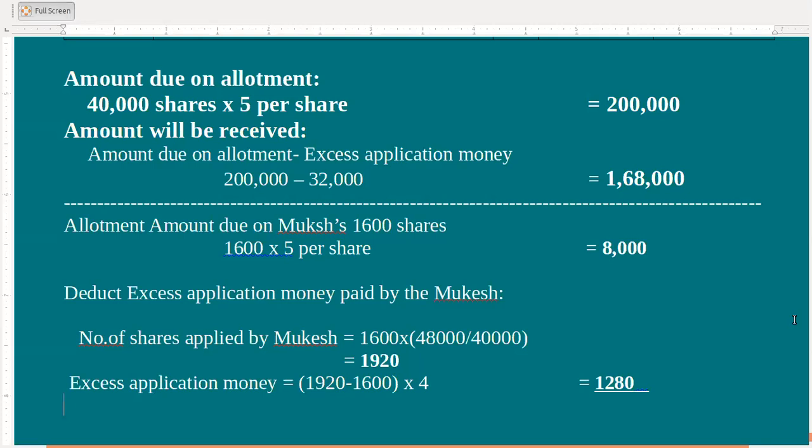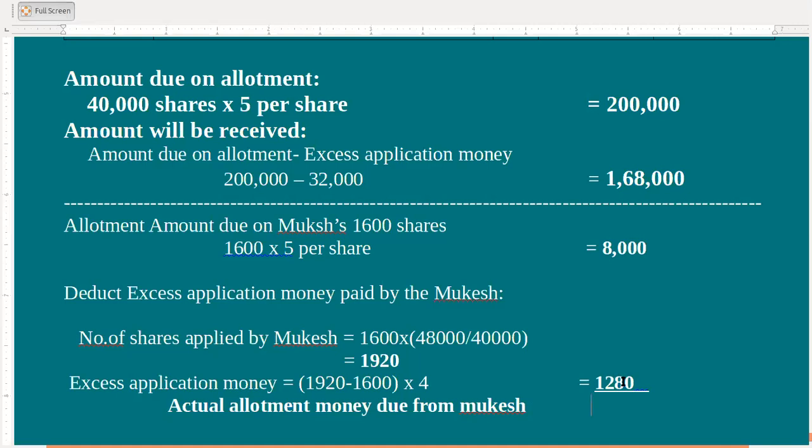Now you can understand the actual allotment money due from Mukesh. What will be the answer? 8,000 minus excess application money, because this excess application money is already transferred to the share allotment account.